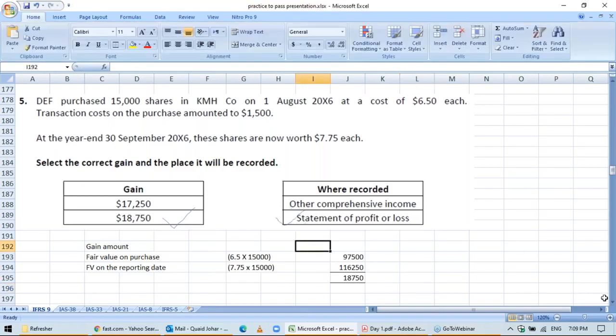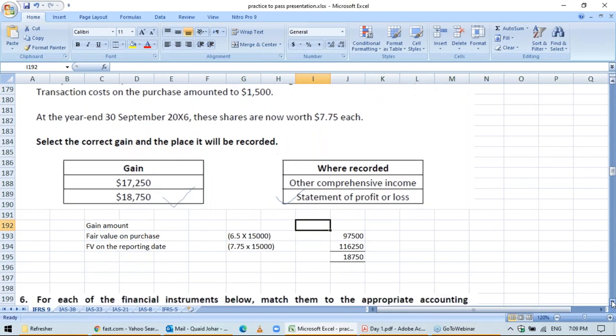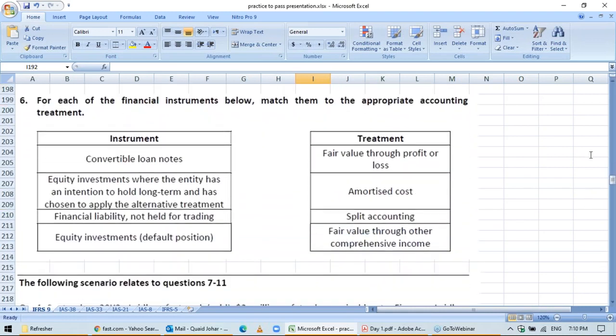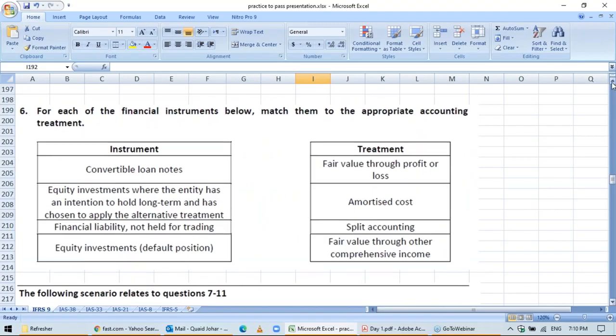Okay, so let's move on to question number 6. For each of the financial instruments below, match them to the appropriate accounting treatment. So let's match it. Convertible loan notes.